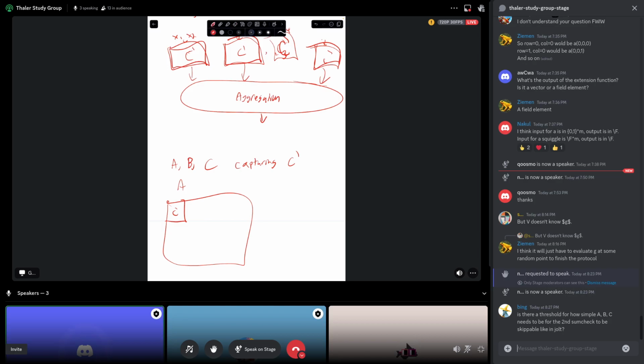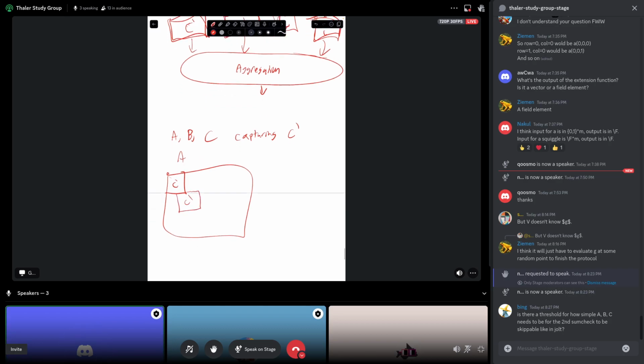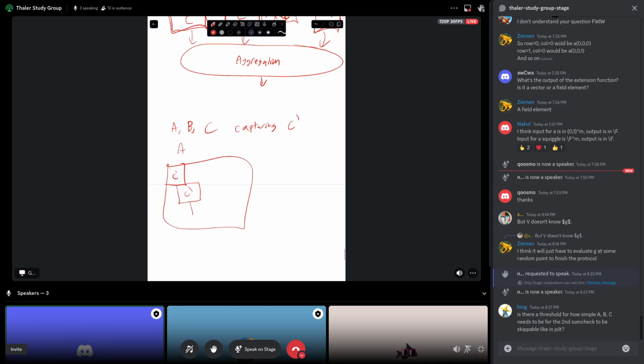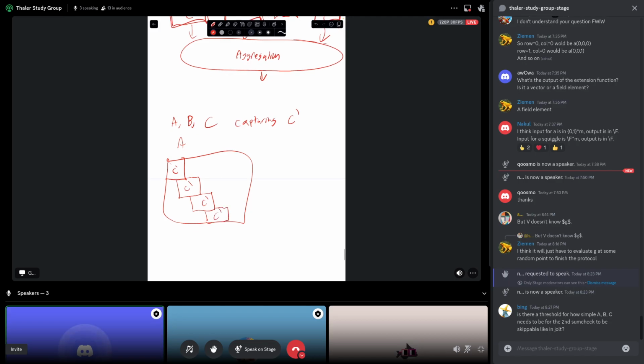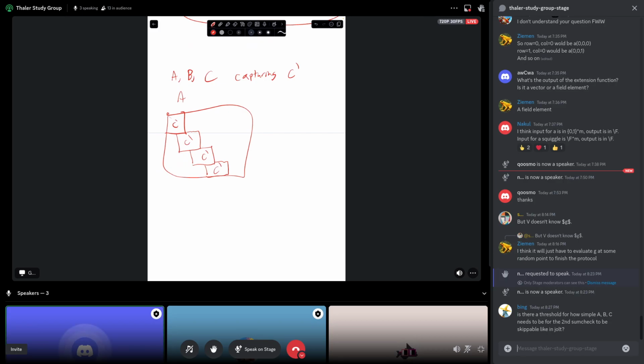They overlap in the columns, not the rows. That would be the second copy. My pictures are terrible, but there's a half overlap in columns for each copy of C prime.